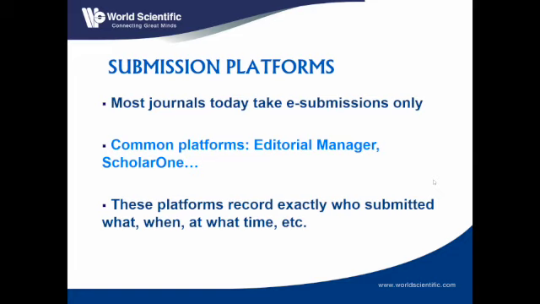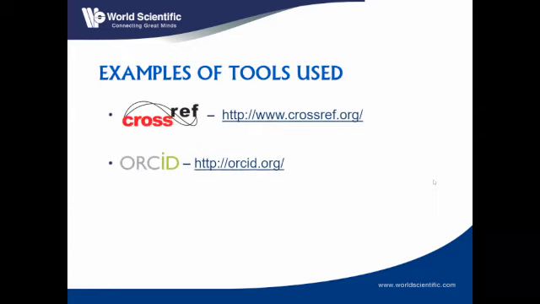And these platforms record exactly who submitted what at what time. So everything will be recorded. That's how we track it: when you're submitting one manuscript to 2 journals, somehow you'll be found out. I mean, maybe not upon the submission, but at a later stage.